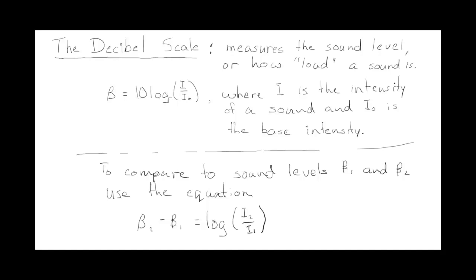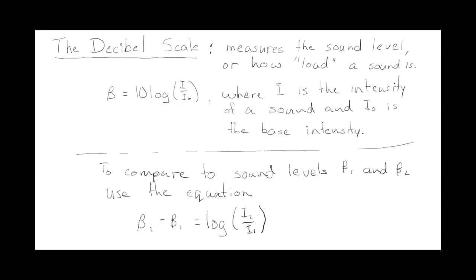So 10 times the log of I over I naught, where I is the intensity of that sound and I naught is what they've defined as the base intensity. This is similar to the intensity of a Richter scale measurement. I won't get too much into how you measure sound intensity, but basically it's measuring the vibrations caused by that sound.